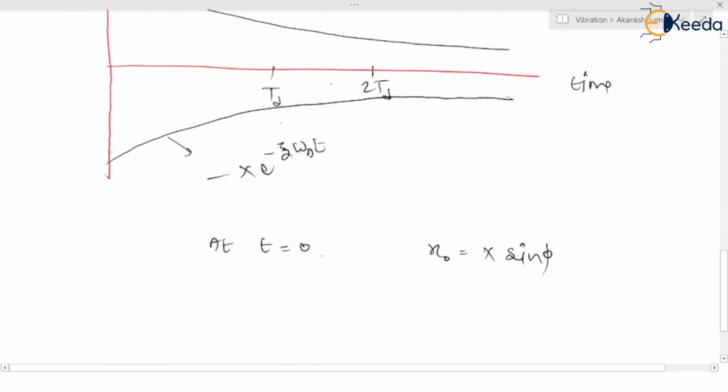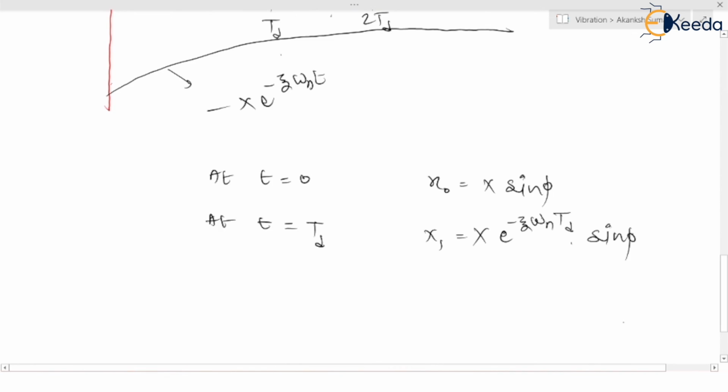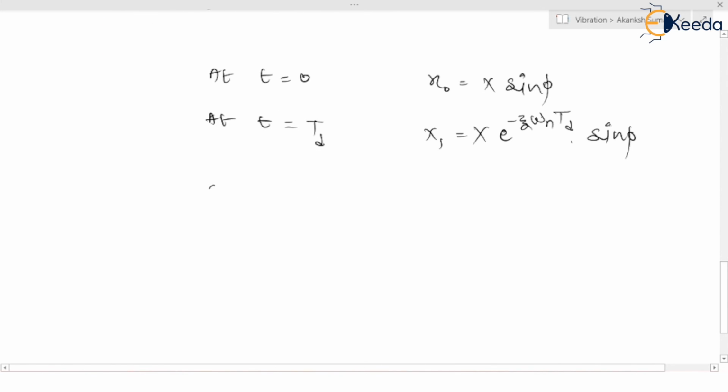In equation number 1, as you put different values of time, you will get different values. So at t equals td, you will get the value x1, that is X e to the power minus zeta omega n td multiplied by sin phi. Similarly, you can find any value.